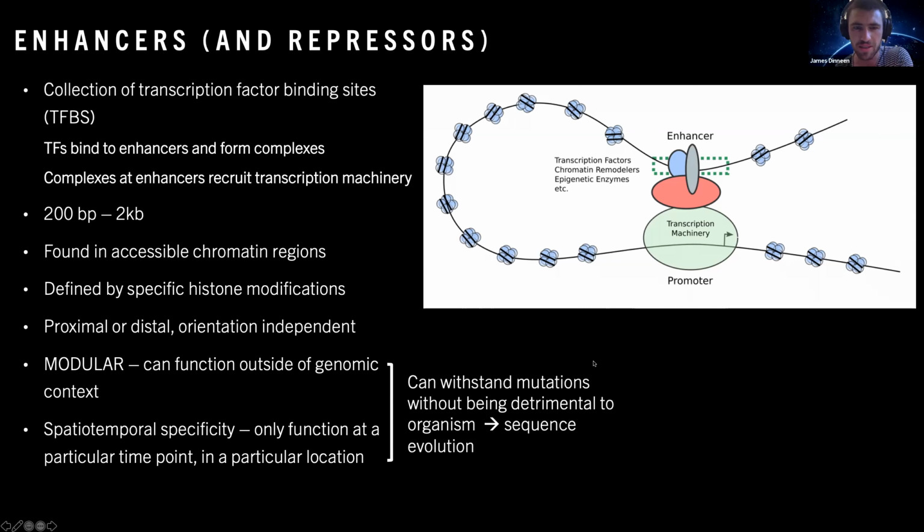Can you talk at all about the function of the loop? Does the loop have a function, formed by the enhancer bringing the whole group together with the promoter? I always thought of the loop as something that needs to happen in order for the enhancer to contact the promoter.